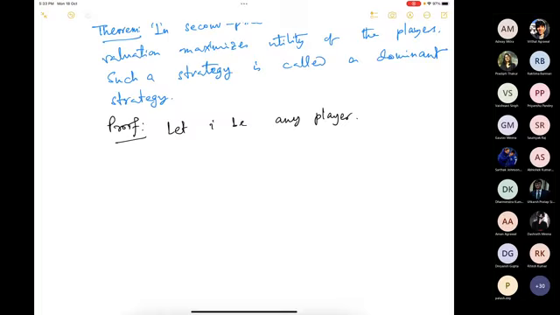Okay, so let B be the highest bid among the remaining players.